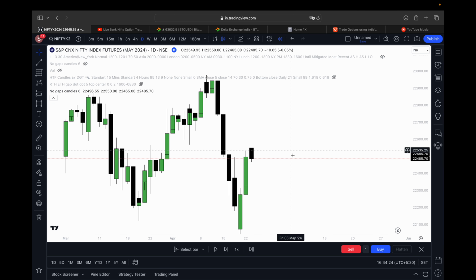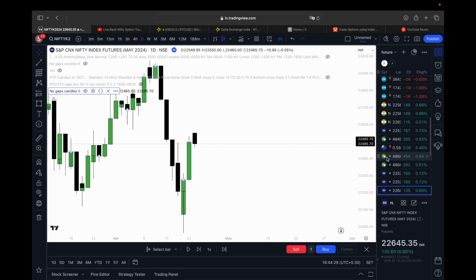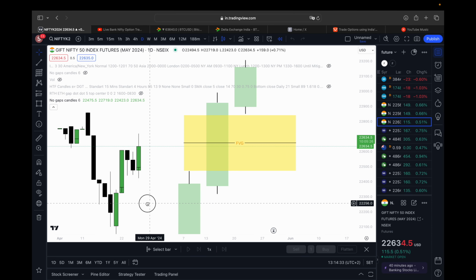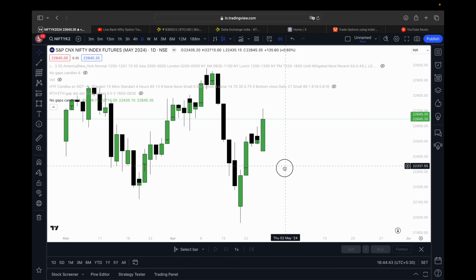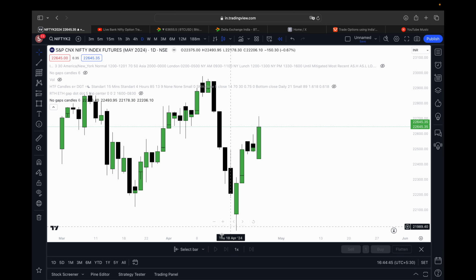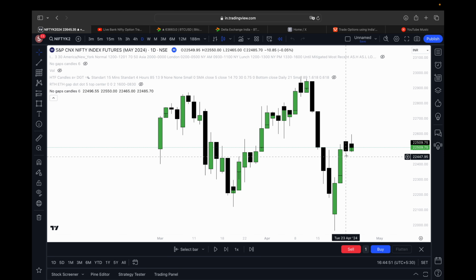If you know what I just told you, what a fair value gap is: it's a 3-bar pattern in which the low of the third candle should not overlap with the high of the first candle. As you can see, this is the first candle, this is the second candle, this is the third candle.